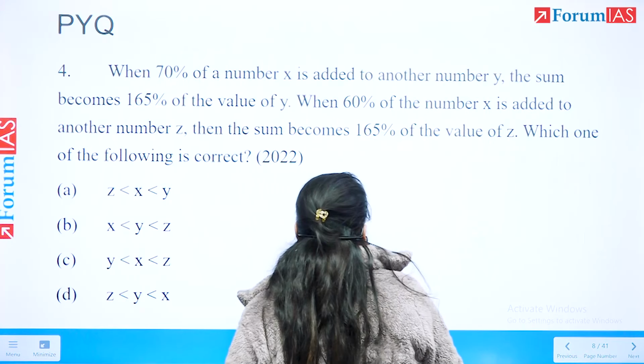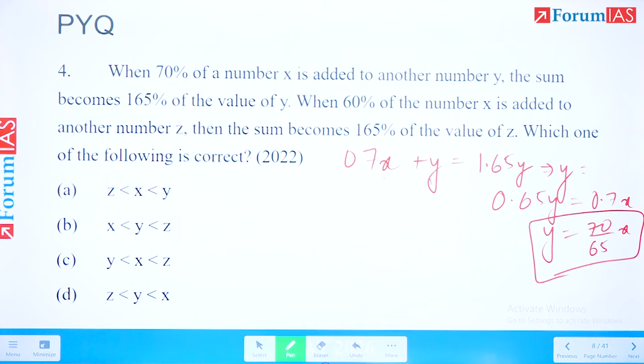Y is equal to 70 by 65 x. One equation, right? So 70% of x plus y is 1.65 times y. Okay? Second equation, 60% of x.